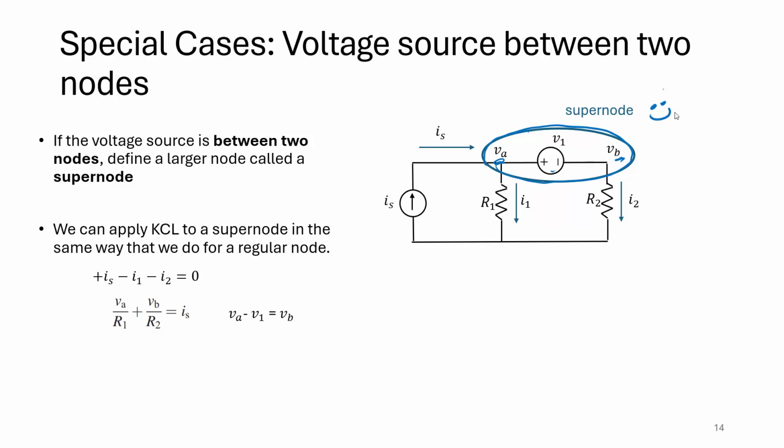First, we can apply Kirchhoff's current law to a supernode in the same way that we do for a regular node. So notice in this case, we can treat this supernode as one larger node, and by Kirchhoff's current law, we can write the equation plus IS minus I1 minus I2 equals 0.